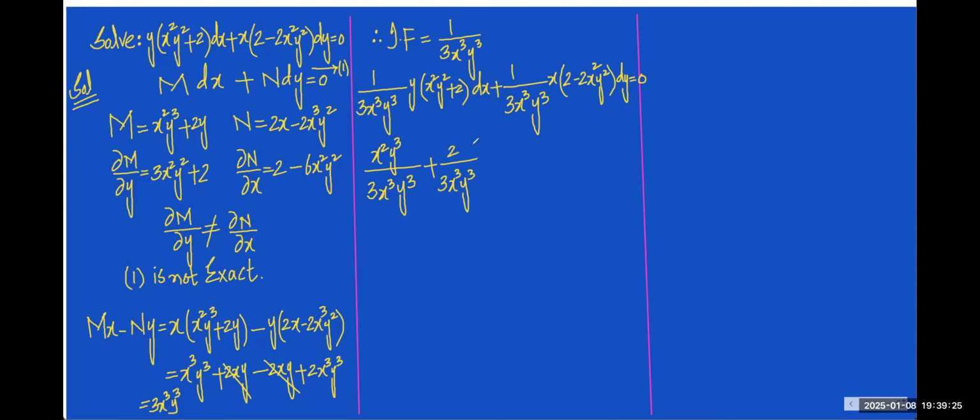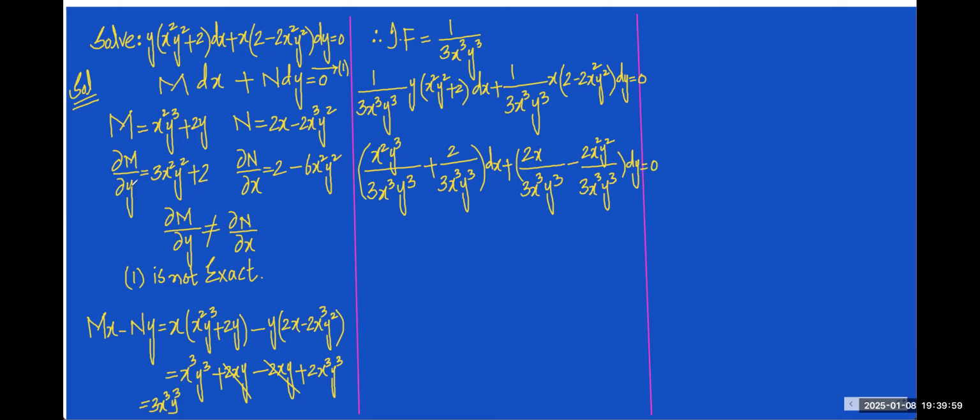This is dx, plus the same thing here. If you don't understand, you should tell me. Please do not compromise. Minus 2x square y square divided by 3x cube y cube. Along with this we have dy, and of course it is equal to 0.